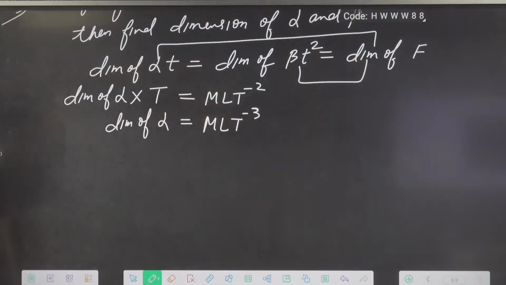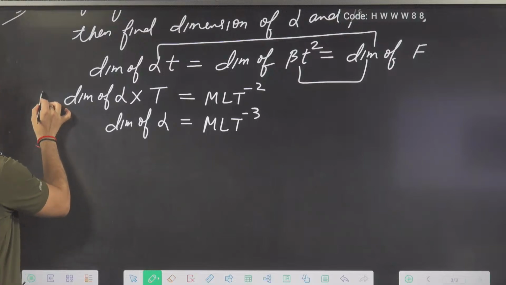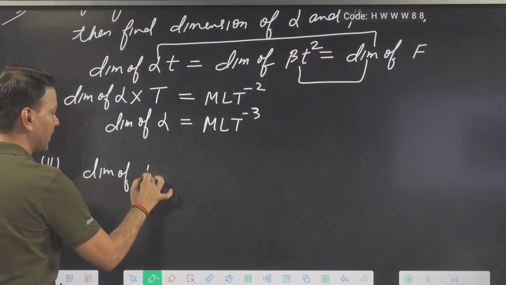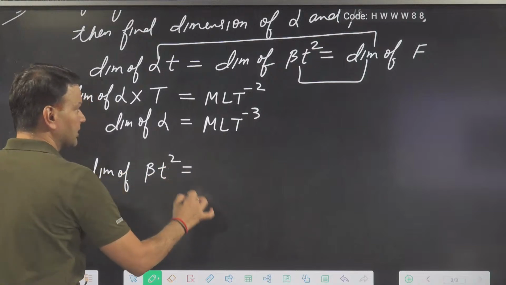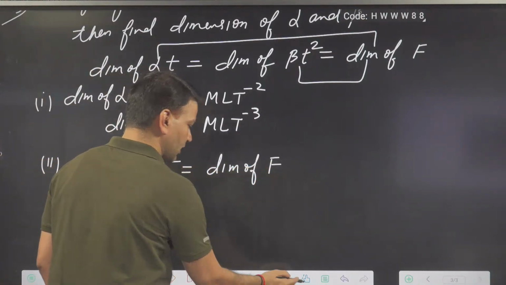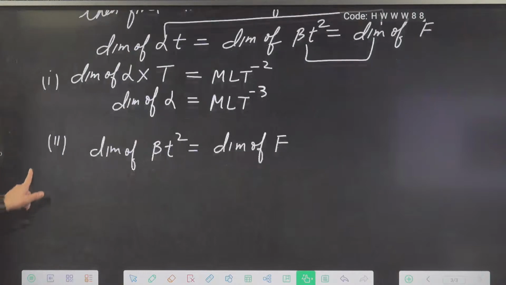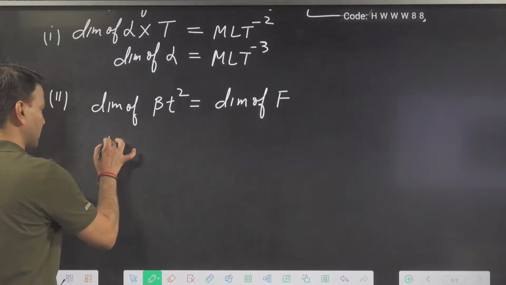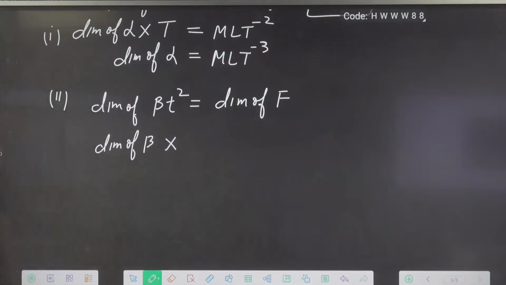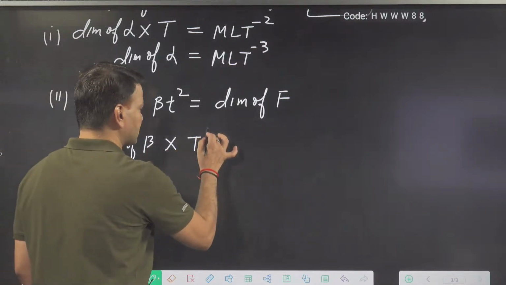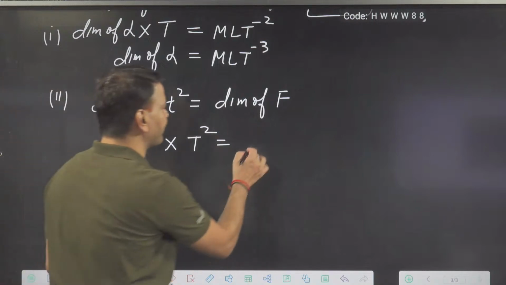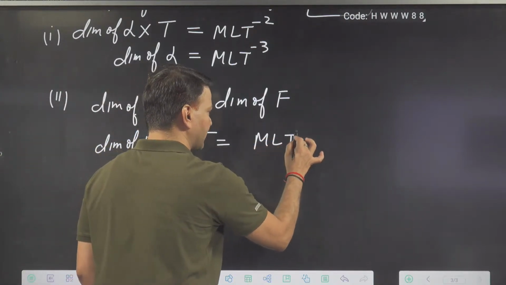Now for this, what we will write? Dimension of beta T square is equal to dimension of F. Dimension of beta into dimension of T square is equal to dimension of F. Dimension of F is MLT minus 2.